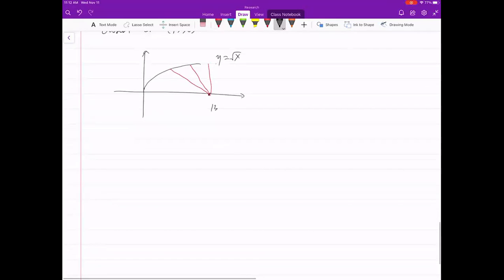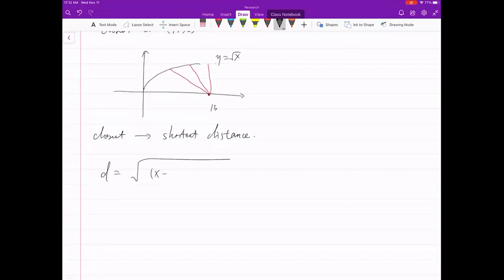Now what you can do is closest means shortest distance. So what I would do is I would take D, okay, to be the distance between the point and 13, 0. So this will be the distance.